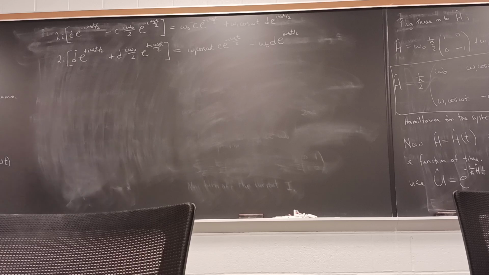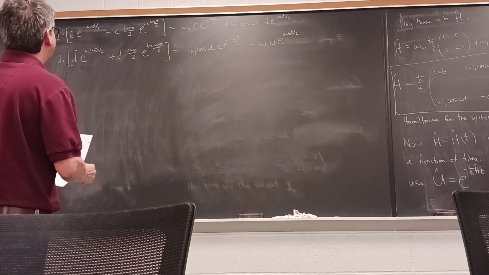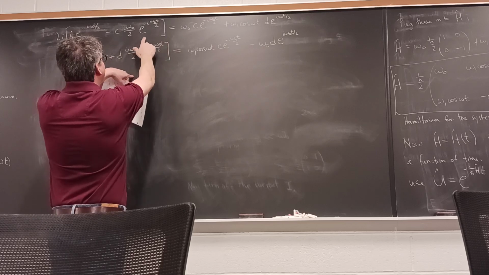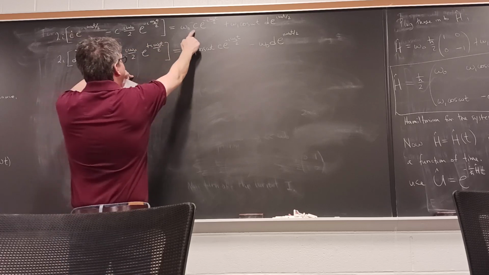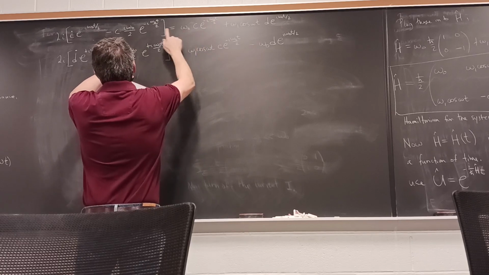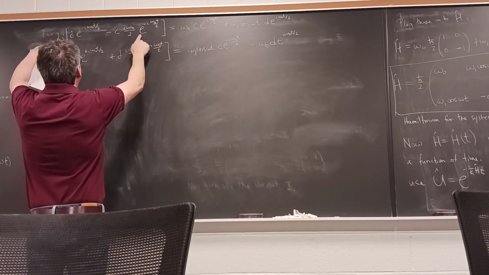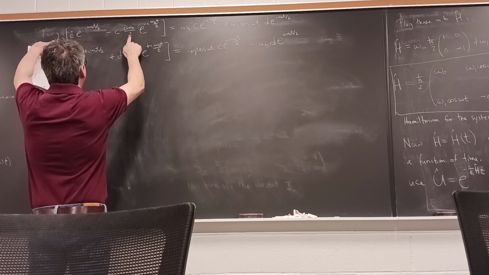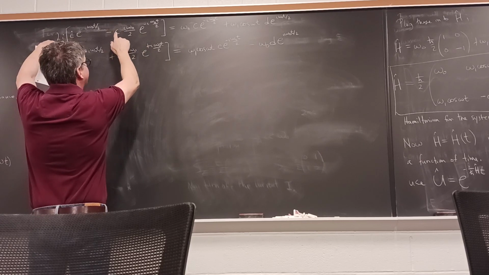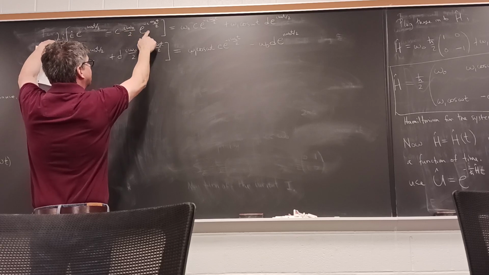Okay, so I should have some cancellations here. Up here, what do I have? I've got C e to the minus i omega 0 t over 2 times omega naught. And this term here, this 2 will cancel this 2. This i will hit this i and give me a plus 1, and I'll have C omega 0 e to the i omega t over 2.